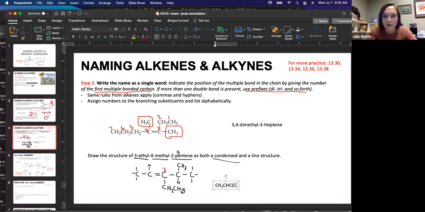And I'm going to type my ethyl group in that parentheses. So now I have my ethyl group in parentheses. What that means is branched off the preceding carbon. Then I've got carbon 4, CH, and branched off of carbon 4 is a methyl group. So I'm going to type CH3 in parentheses. And then I have carbon 5 right here. So that's CH3.